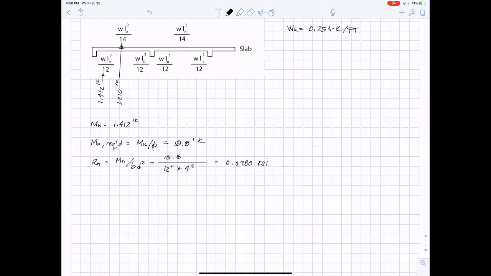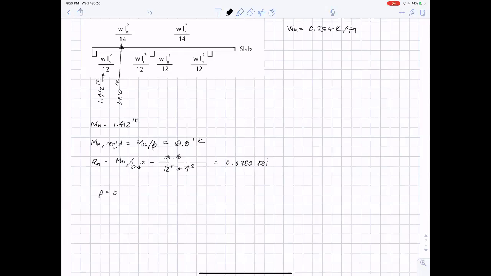And I have set in my calculator the equation for Rn to solve for rho, and I posted a video about that. It's so handy for situations like this. So I'm just going to solve that for rho. And what I get is it's very small.